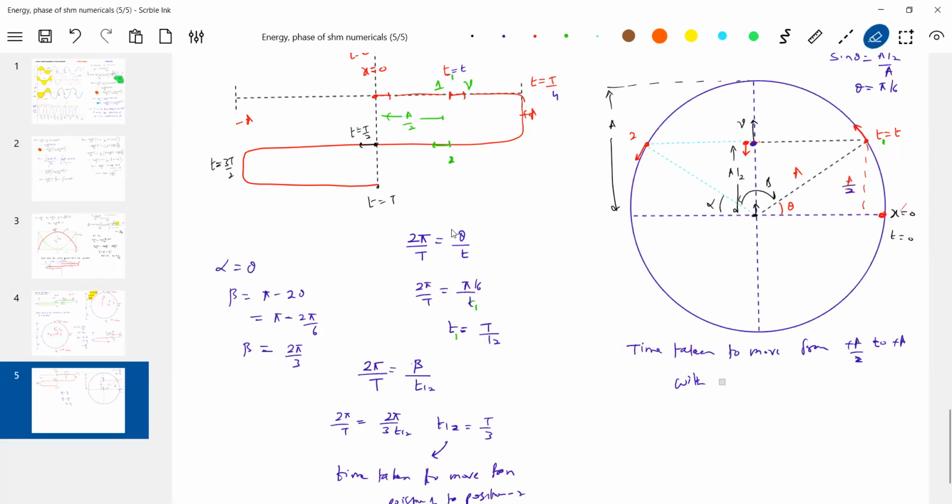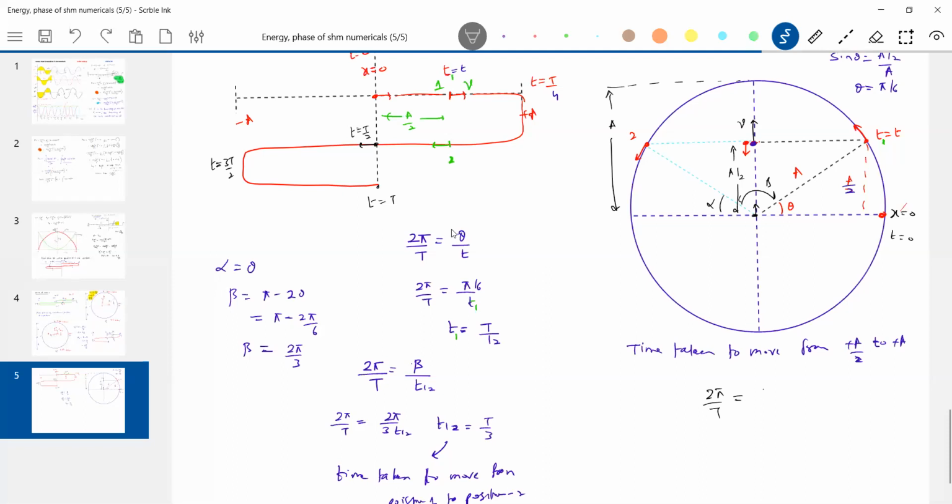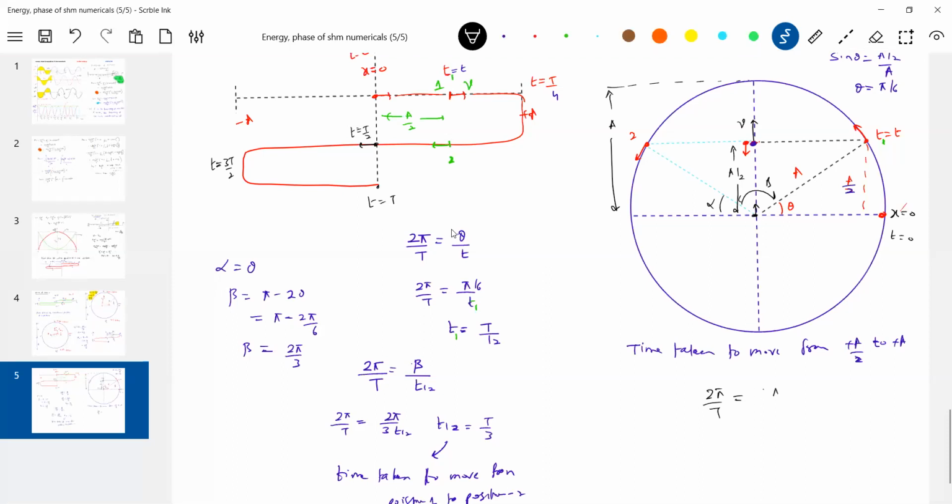Okay, I think that this will be sufficient. Anybody, how to calculate this? So what is 2 pi by capital T? What is the angular displacement it will have when it moves from plus a by 2 to plus a? So what is the phase angle? It should be pi by 2. So pi by 2 minus theta by T, you call it.